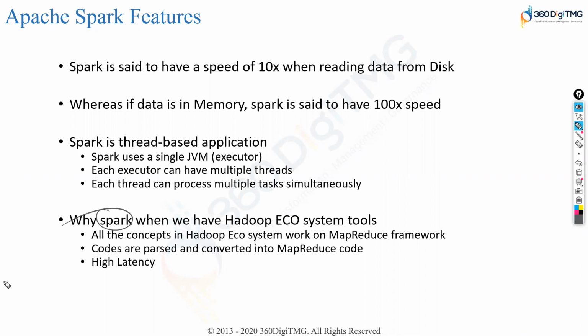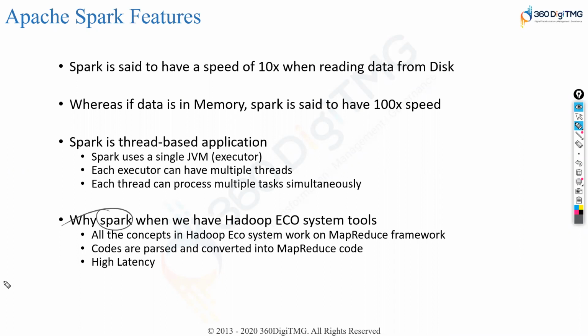When we talk about any of these MapReduce related applications, they always have high latency. You already know what latency is, right? Latency is the time taken to get the execution done for a program, from the programming perspective.